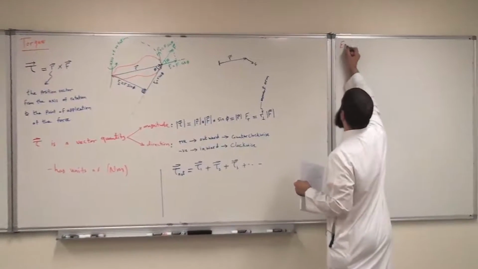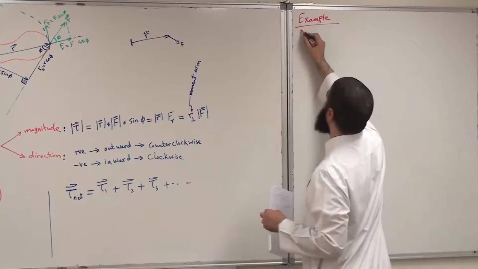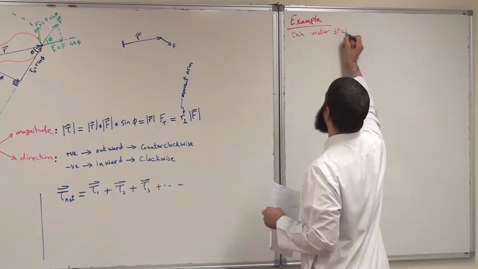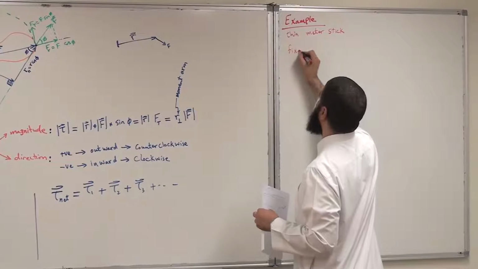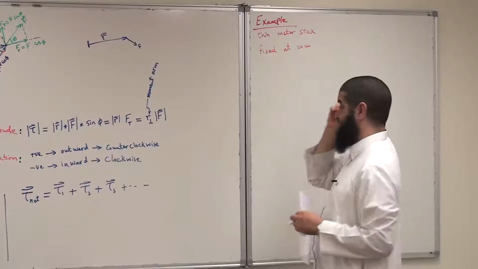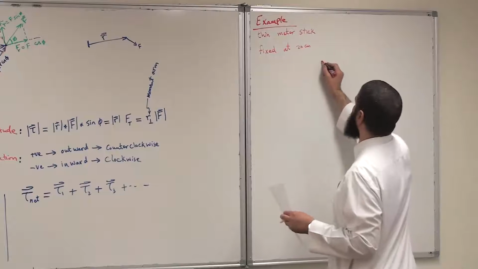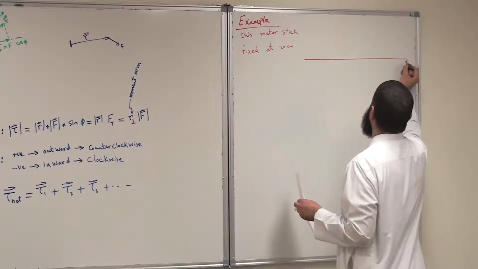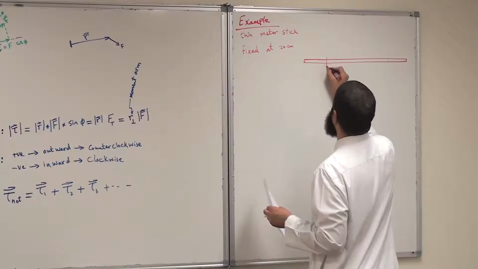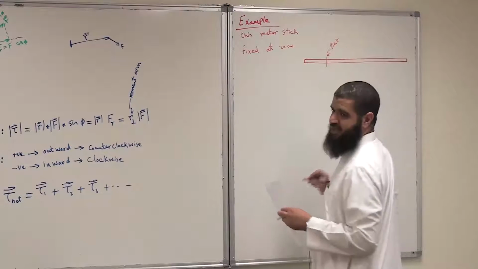Example: you have a thin meter stick fixed at the 20 centimeter mark from the edge, and there are several forces acting on it. So this is my meter stick. It is pivoted at this point, so this is my pivot. Pivot means the axis of rotation. It is fixed.